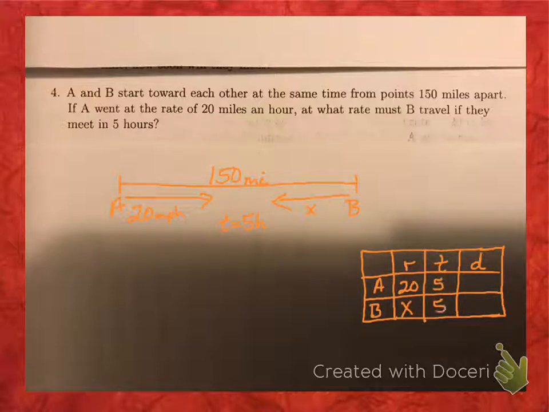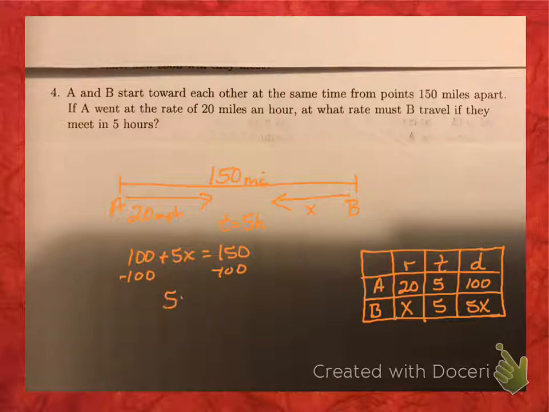Second is X. Time is 5. So 20 times 5 is 100. X times 5 is 5X. Add them together. 100 plus 5X is equal to 150 miles. Subtract the 100 from the 150. That gives us 5X is equal to 50. Divide it by 5. X is equal to 10 miles per hour.